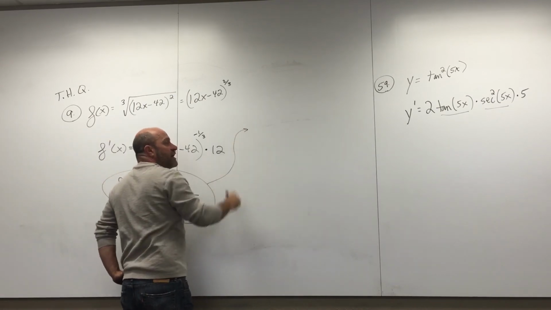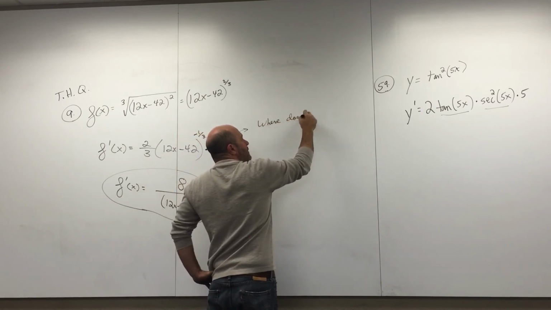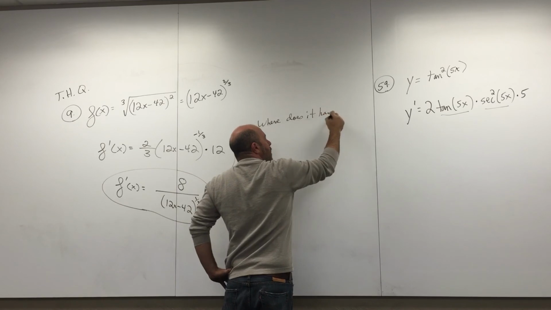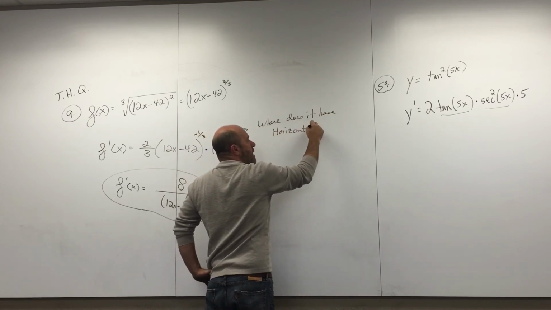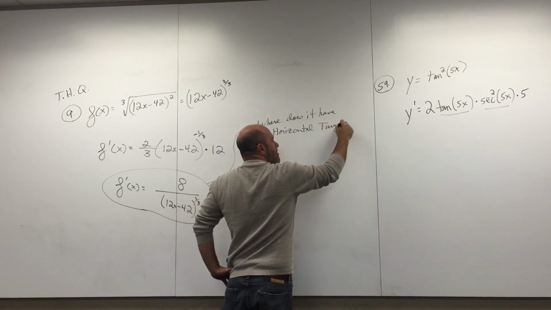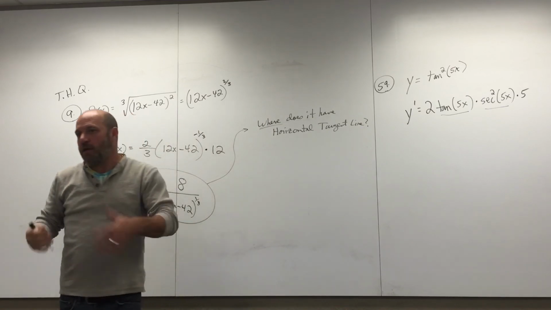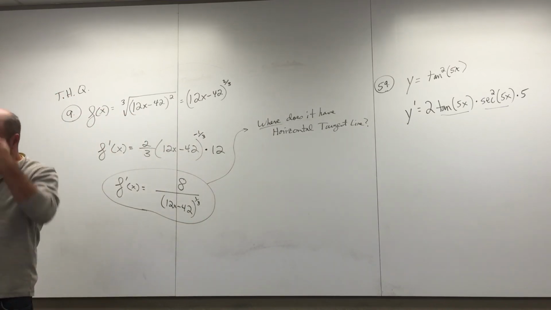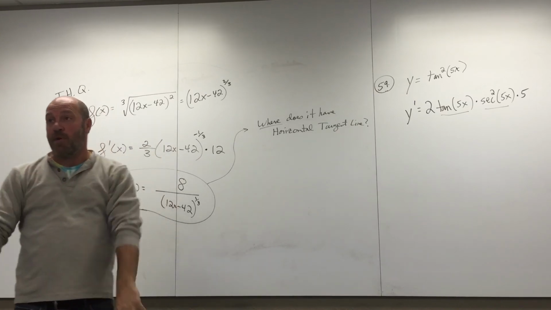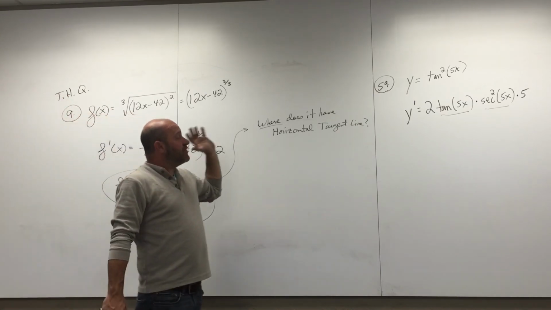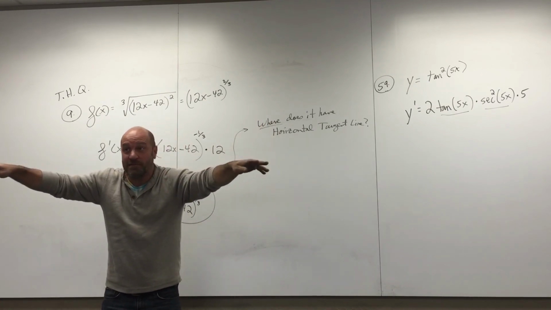Let's try to answer these questions. Part A was, where does it have a horizontal tangent line? By the way, when they say where, that's usually the x value. We're looking for the x value where that happens, maybe the x and y value, maybe a point. But you know this game. We've been practicing this. A horizontal tangent line is when the slope is 0.